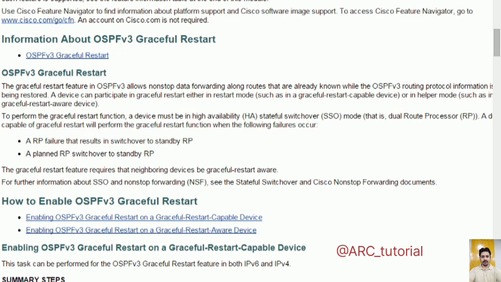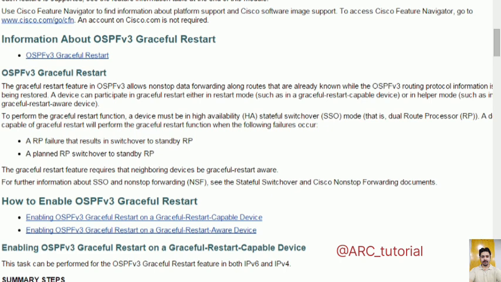To perform the graceful restart function, a device must be in high availability stateful switchover mode. Do you remember, in the beginning of the classes I discussed all these things, that in case one supervisor engine of a switch goes down, another supervisor will come up, but in that case your redundancy mode must be configured as SSO.